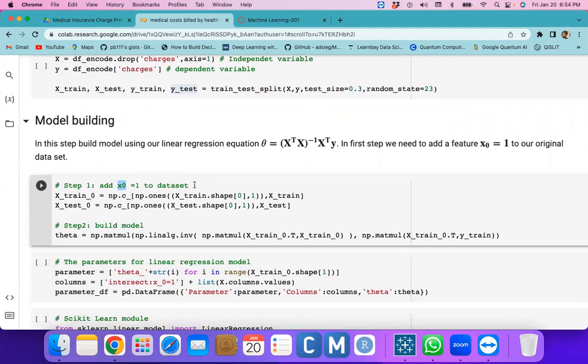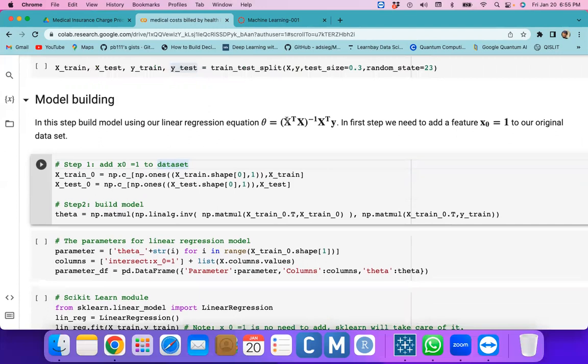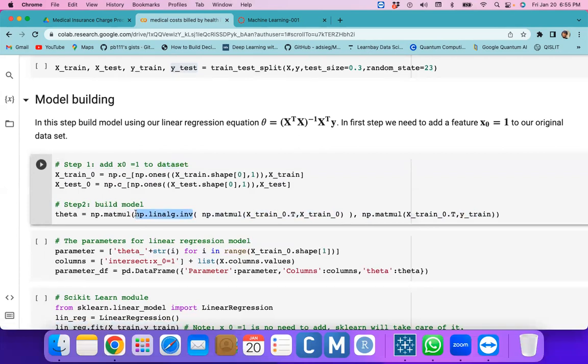The features start with x1, x2, x3, but for the coefficient b0 we don't have any feature, so for the corresponding b0, I consider x0 as one. So to x_train_0 I add ones of the matching shape, to both x_train as well as x_test. Then we do the multiplication with the inverse function: (X transpose X) inverse, where minus 1 means inverse. The np.linalg.inv function is helpful for the inverse of the matrix.